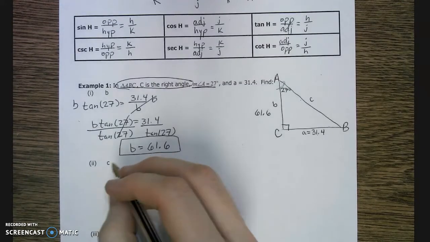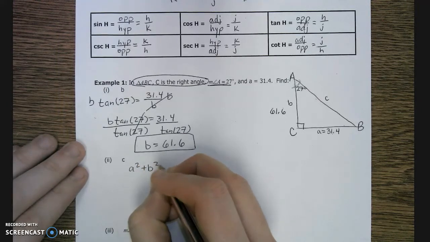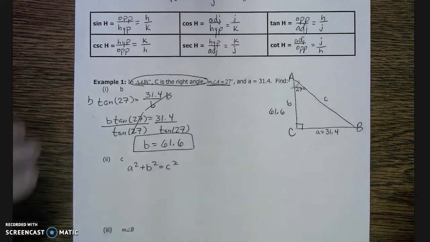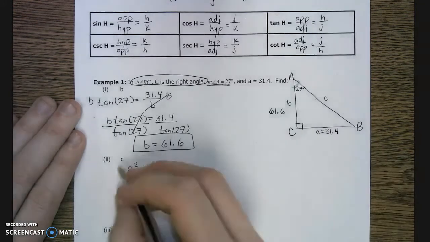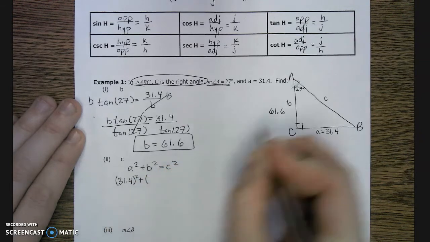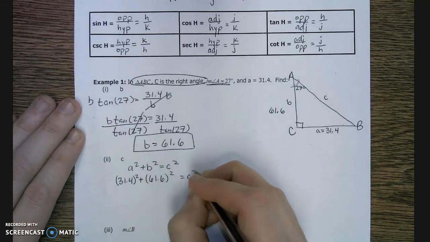I'm going to use the Pythagorean theorem. So we've got a is 31.4, b is 61.6, and we're looking for c.